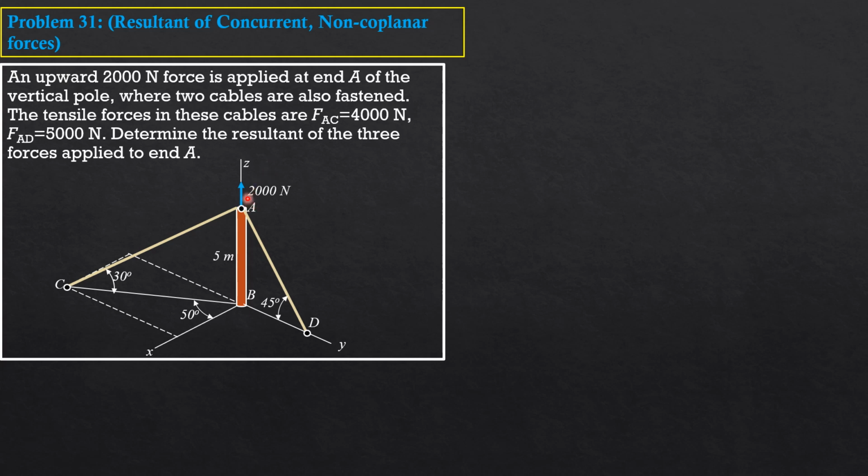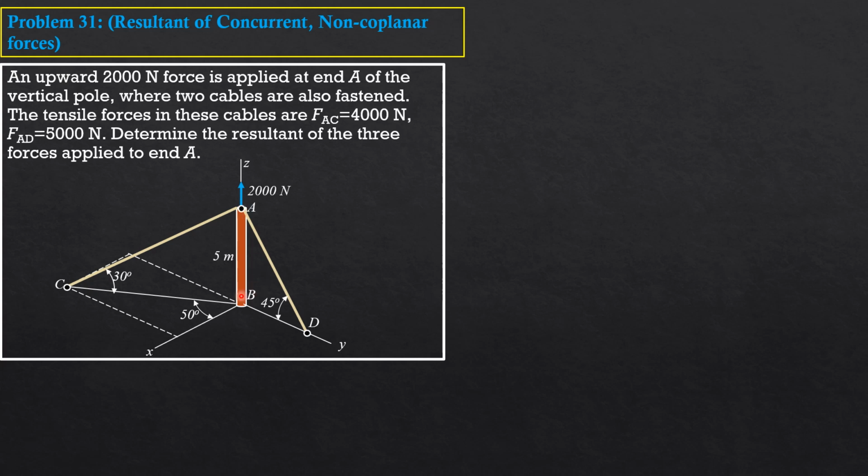So first for FAC, magnitude is 4000 newtons. It is directed down, so negative along Z, to the left, negative along Y, and forward, positive along X. Since this is a right triangle and the force is directed in that direction, we first compute this component.